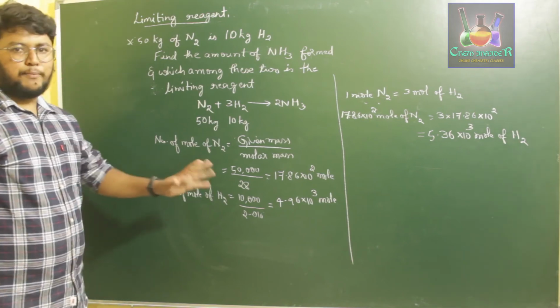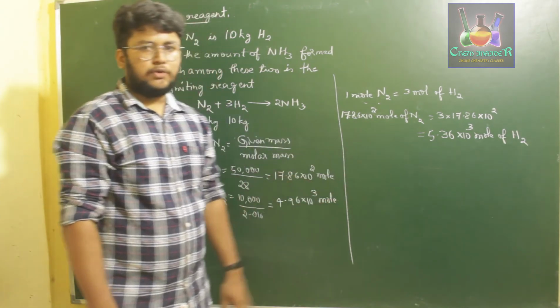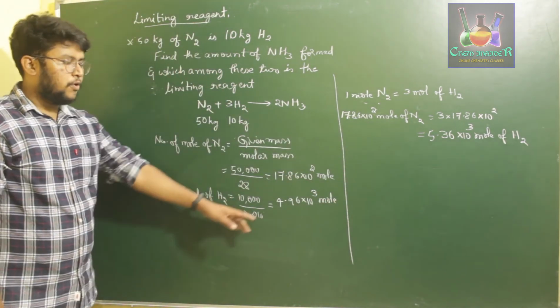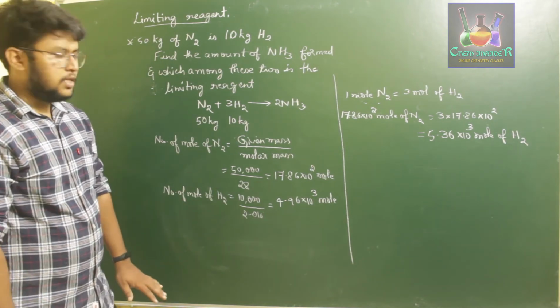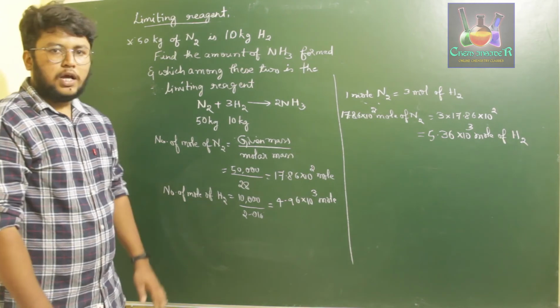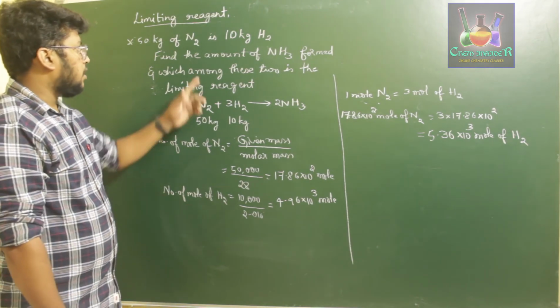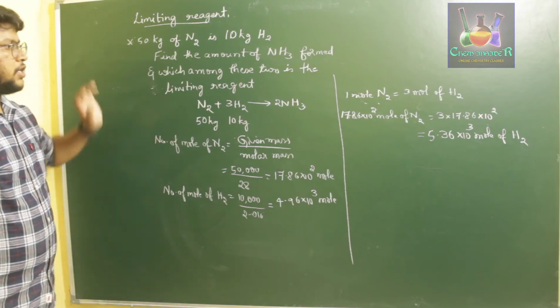But we have a problem over here. We don't have that much hydrogen. What we have is just 4.96 × 10^3 moles of hydrogen. So clearly we have a limiting reagent, that is hydrogen. The 10 kilograms of hydrogen is our limiting reagent for this reaction.